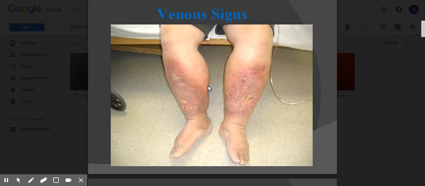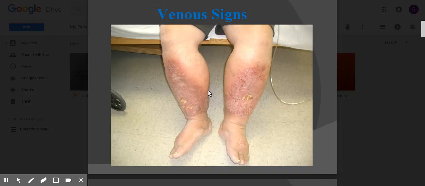These patients also are suffering from a condition that this darkened area right here that you see is caused by what's referred to as hemosiderin staining.